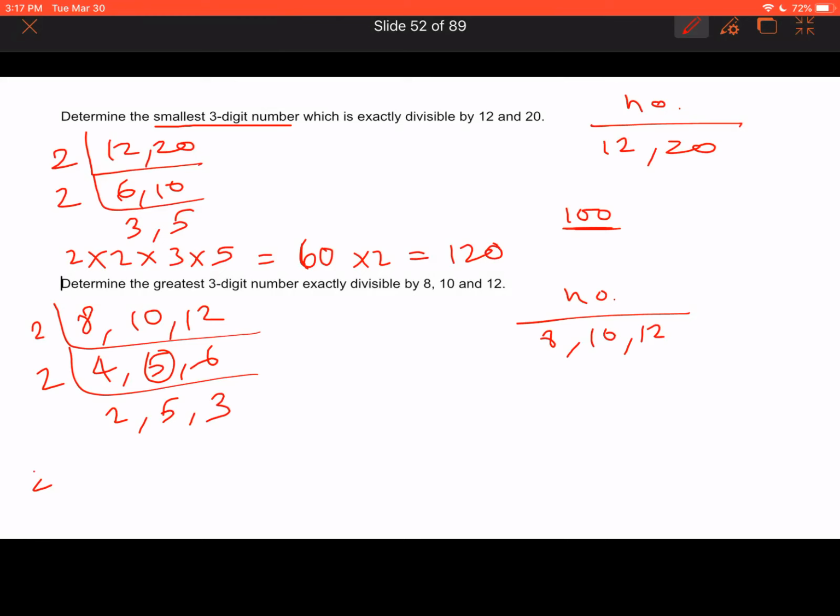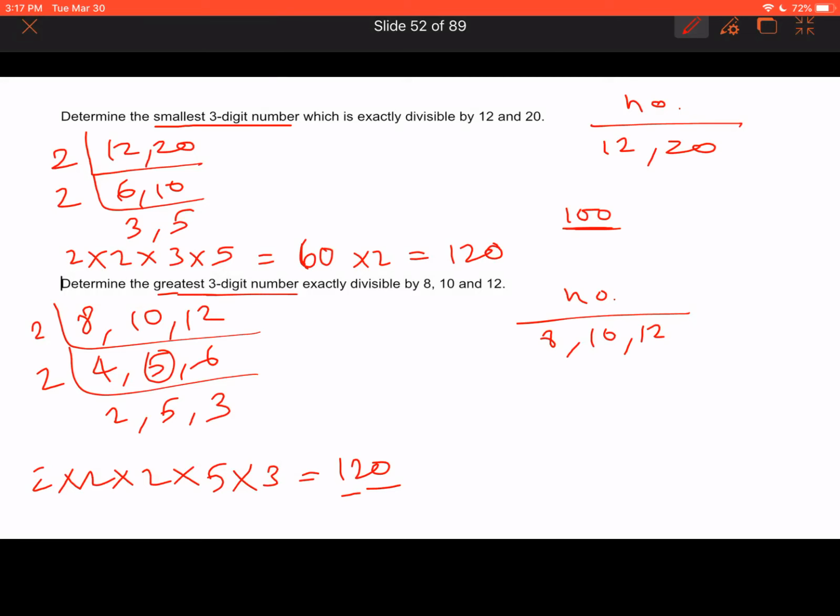It is going to be 2 times 2 times 2 times 5 times 3, which is going to be 120. We have got a three-digit number as expected, but they want the greatest three-digit number.